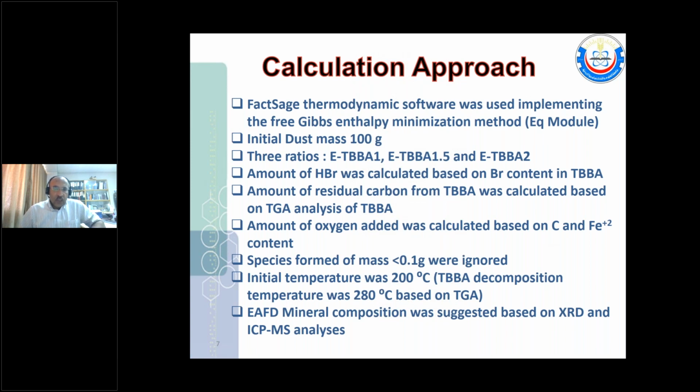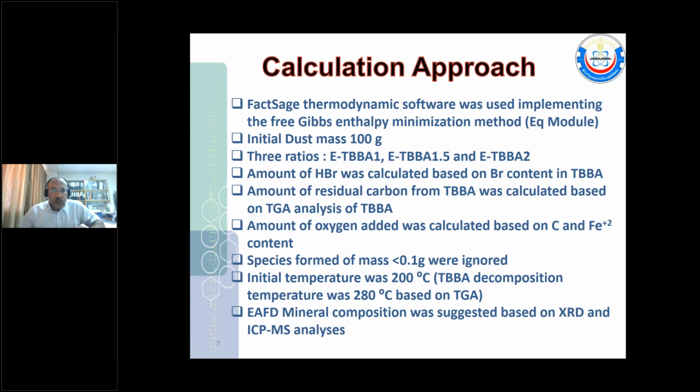Then we took the following scenario. We mixed this dust with different proportions of the tetrabromobisphenol, and here we use the TGA analysis of pure tetrabromobisphenol and calculated how much HBr was released from this material and how much residual material remains after the pyrolytic treatment, which I think came to about 20%, which is normally backbone carbonaceous material.